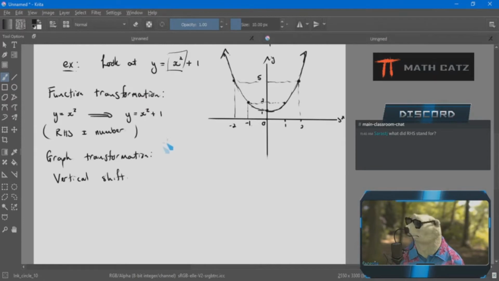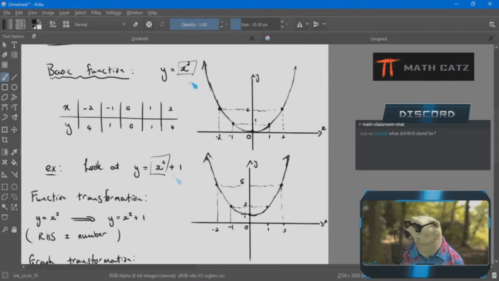Let me go back here, see the question. RHS stands for right-hand side. I have a left side of the function, I have a right side of the function. From the basic to the new function, the right-hand side changed. And depending on how that changed, the graph changes in a predictable way. So if I take my original, add or subtract a number to the right-hand side, the graph is going to shift up and down.